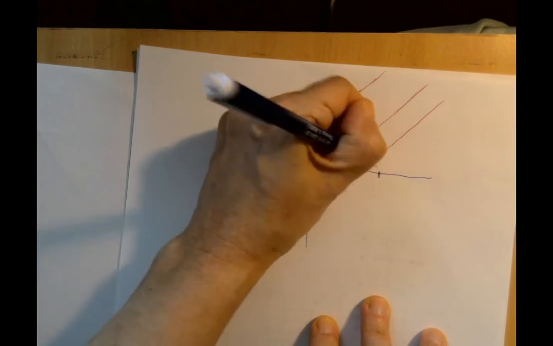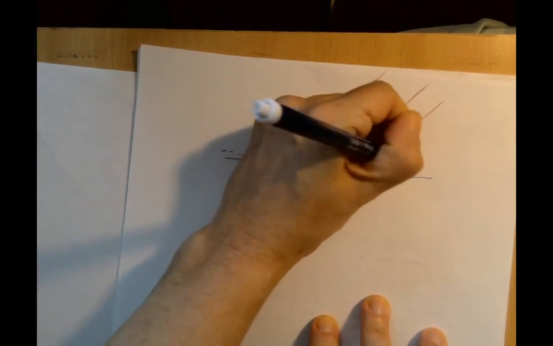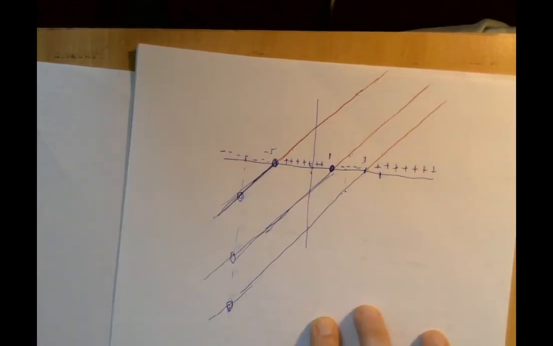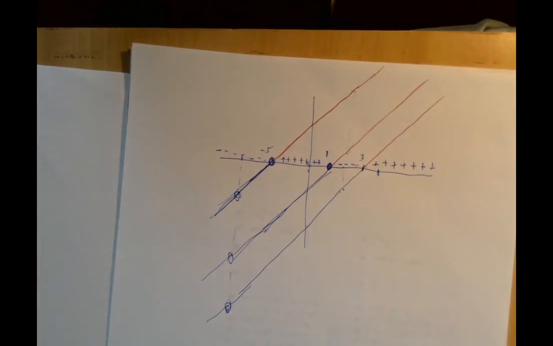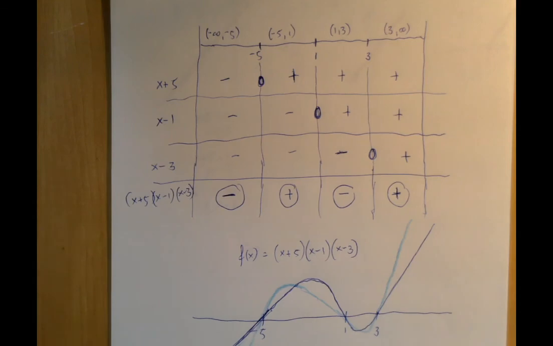So after 3, we have three positive numbers multiplying each other. Therefore, the product is positive. If the degree is not too high, you may not even need a table. You can just graph the three things in one coordinate system and just count. It's all about how many negatives, how many positives, given that each factor has a very simple behavior sign-wise.